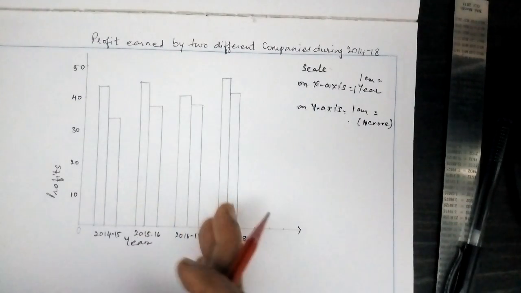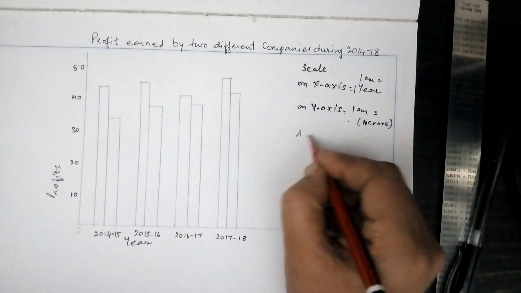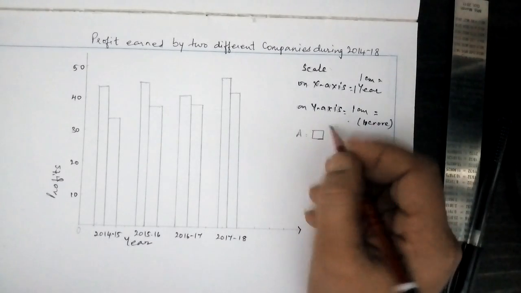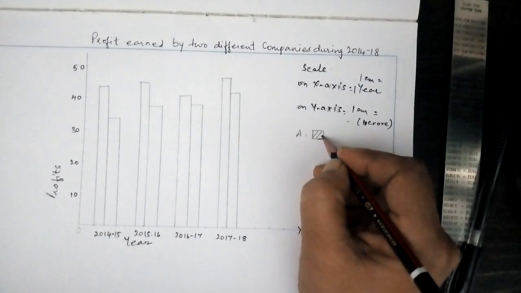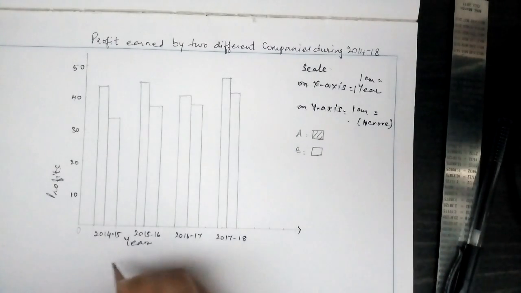So how do we differentiate which is X and which is Y? Let us write down one box as X, and for Y let us leave it empty.